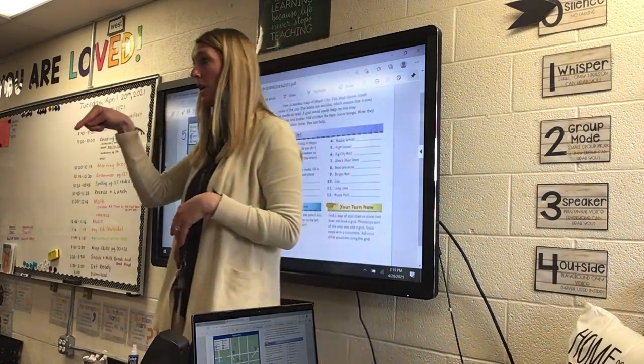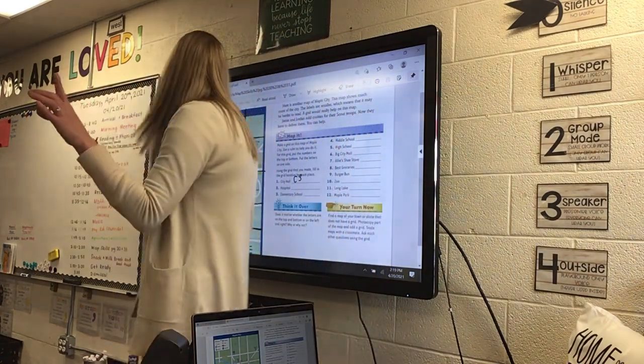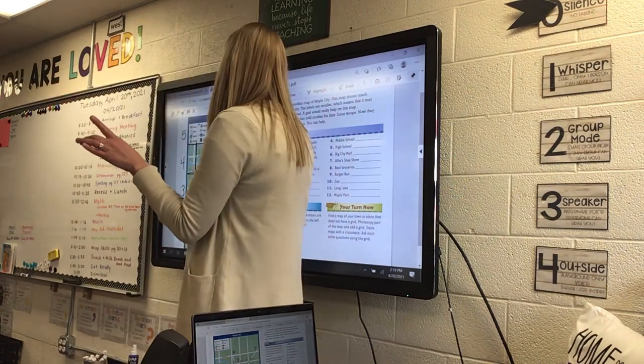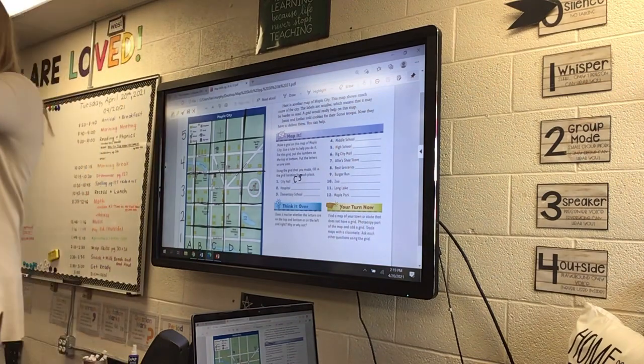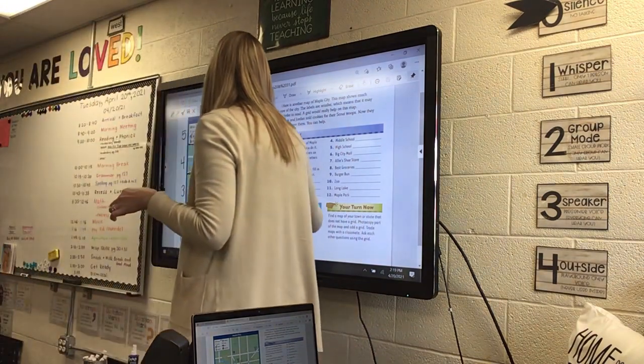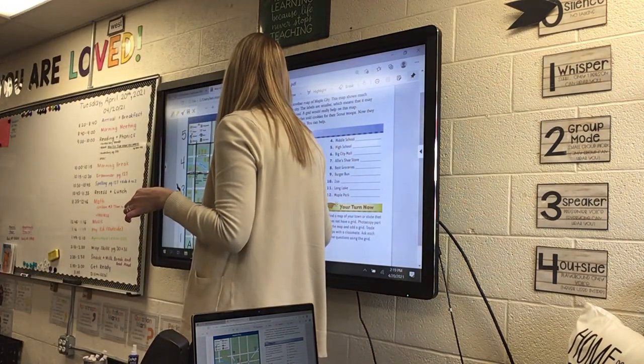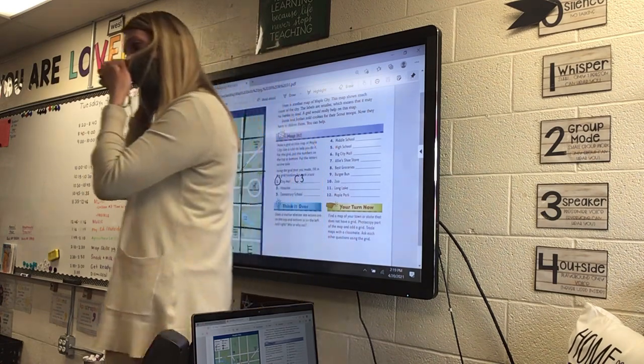Now you look at your map grid and you take your letter first, go across, and then go up and see where your coordinates are. And then write it on number 1. And yours can be different than Mrs. Murphy's. It might not match perfectly.